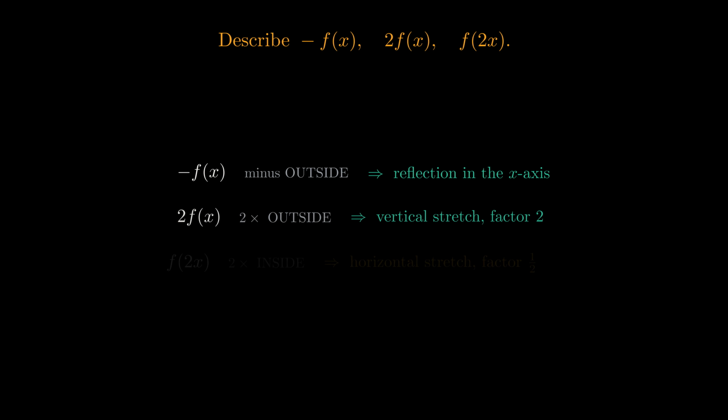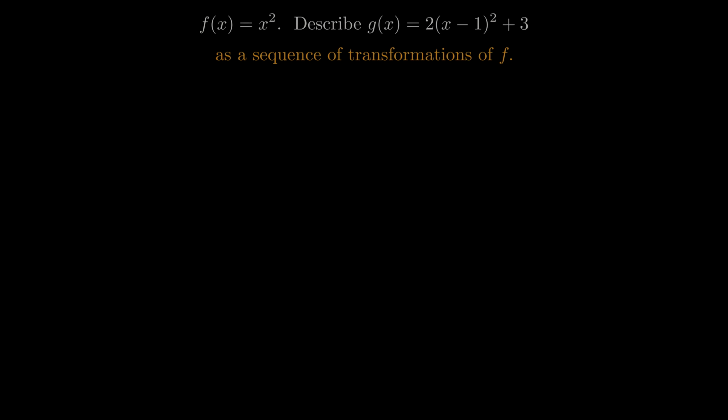The 2 is inside, on x, so it's a horizontal stretch of factor 1 over 2, half as wide. Notice the split. The same number, 2, gives factor 2 outside, but factor a half inside. Always name the axis and the factor. Both are worth marks.